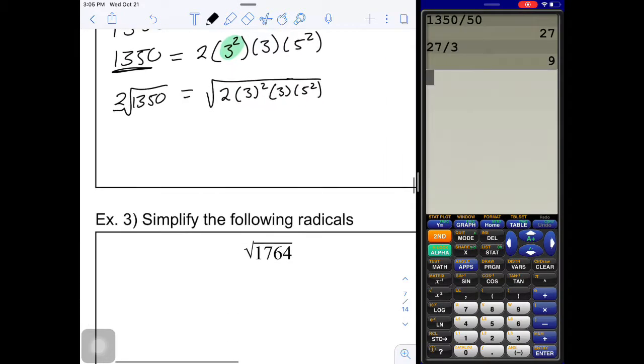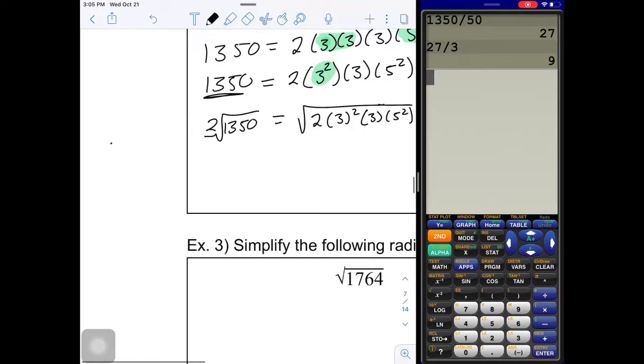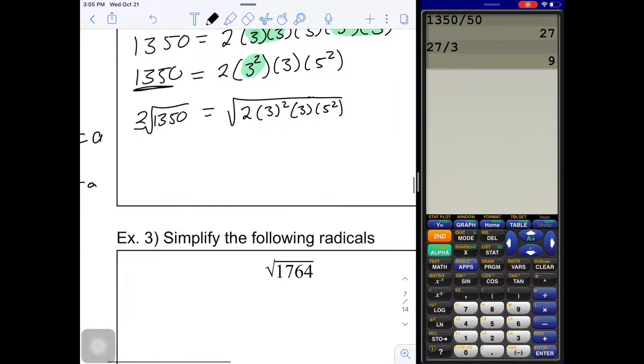Now, I can break these apart, because anytime you have a number squared inside a square root, that literally just equals a. It's kind of like if you have a cube root of a cubed, that just equals a. So I'm going to rearrange this into something that makes more sense: 3 squared times 5 squared times 2 times 3.